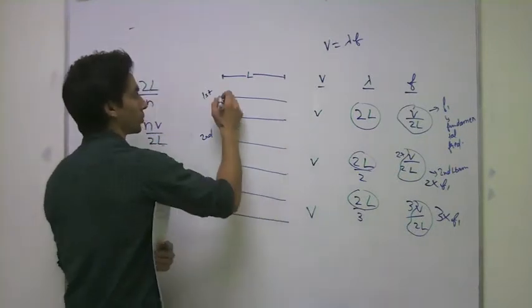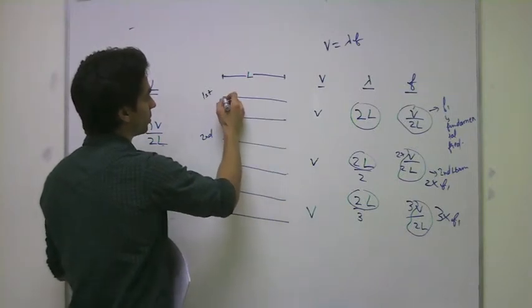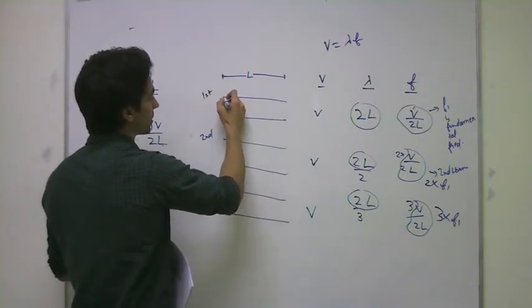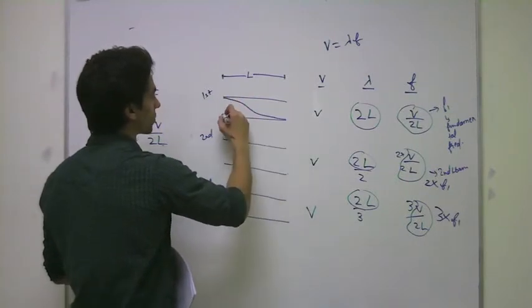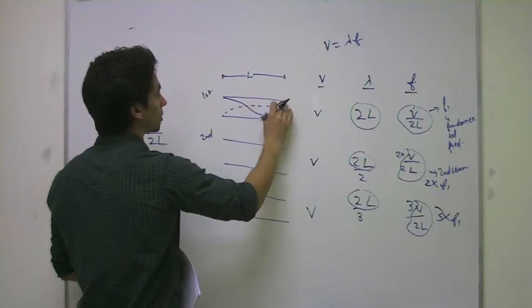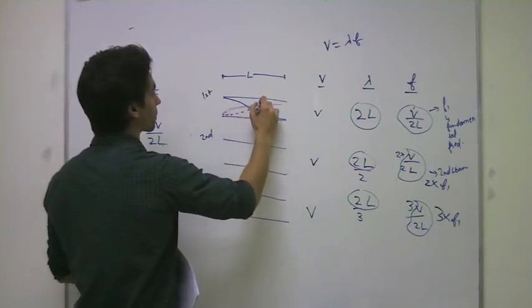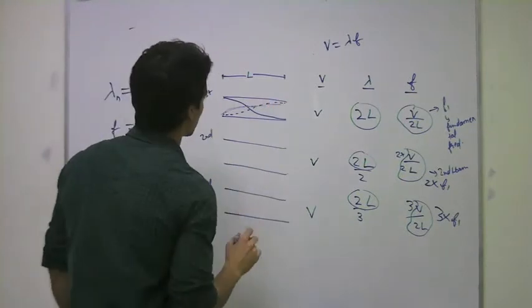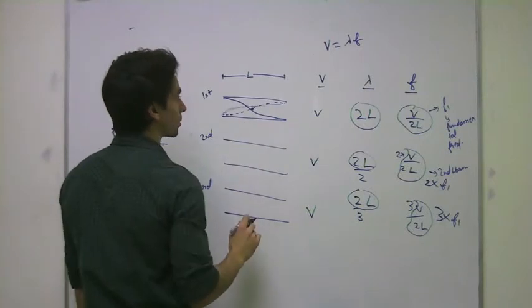Alright? So if you have an antinode here and an antinode here, the first mode of vibration can look like this. Okay, you have an antinode, node, antinode.